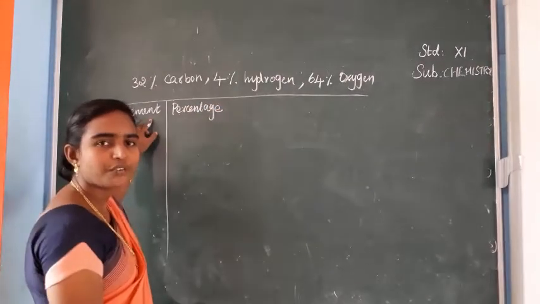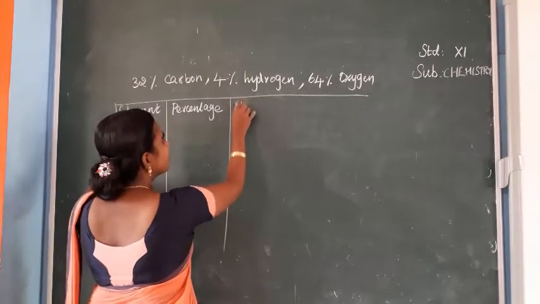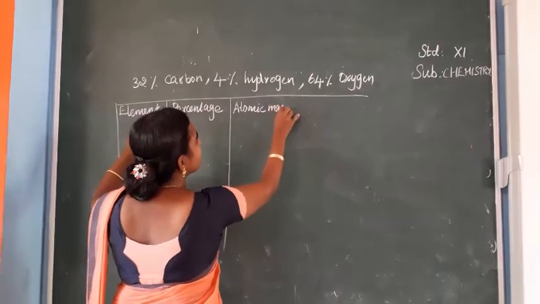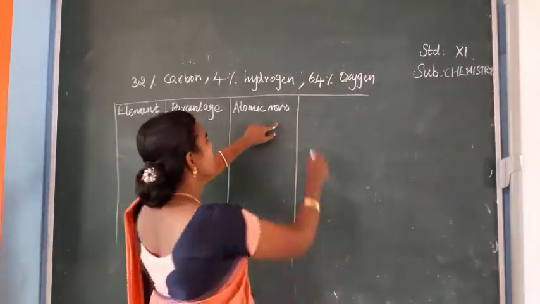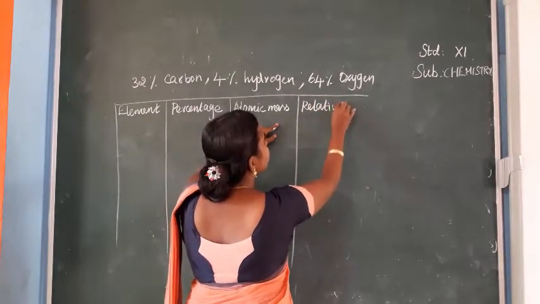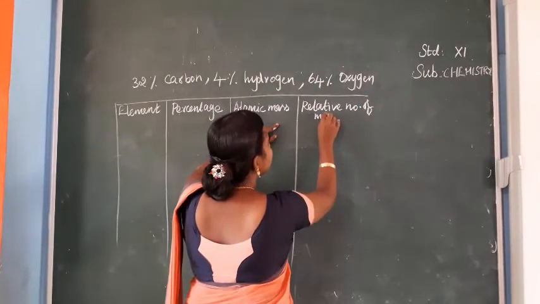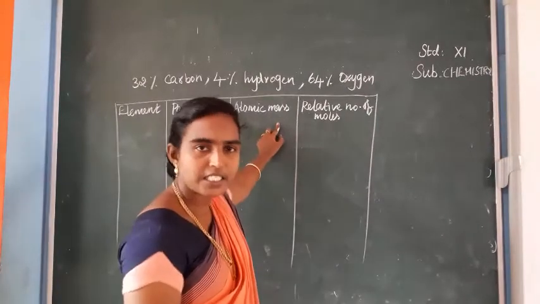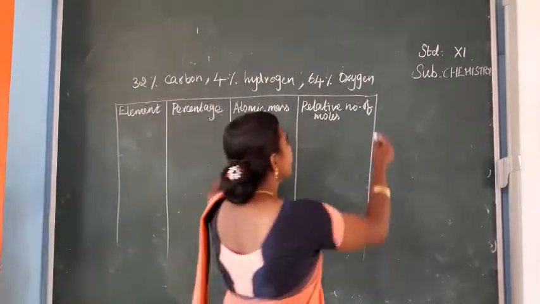Next box, what you have to write? Atomic mass. In the next box, relative number of moles. In the next box, simplest ratio and simplest ratio in whole numbers.